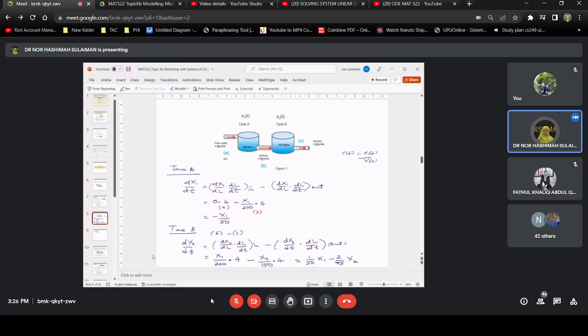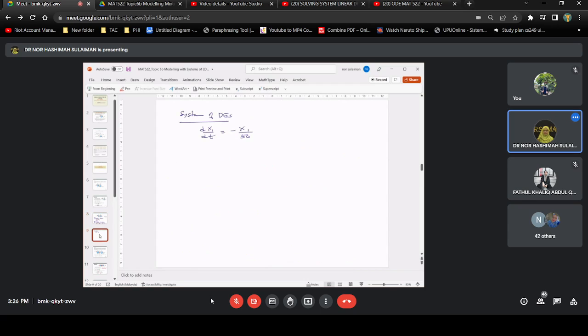Alright, and then yang kedua, dx2/dt equals to 1 over 50 x1 lepas tu minus 2 over 75 x2. Ini dia punya jawapan.